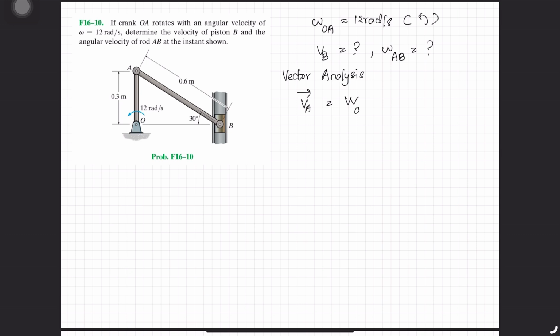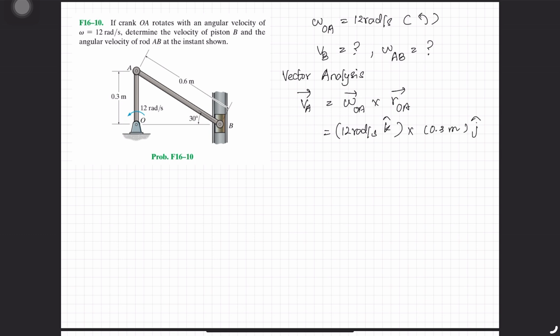VA equal to omega OA into ROA. So that is 12 radian per second in k cap, and the OA value is 0.3 meter in j cap.